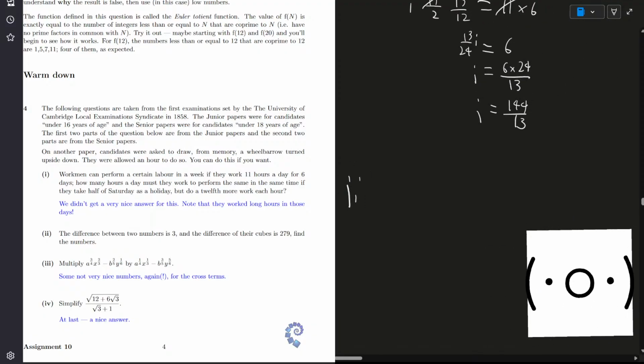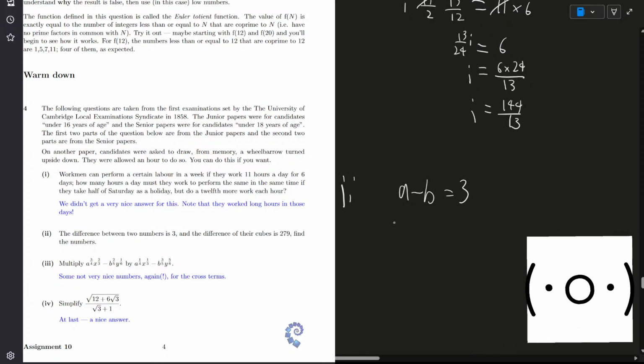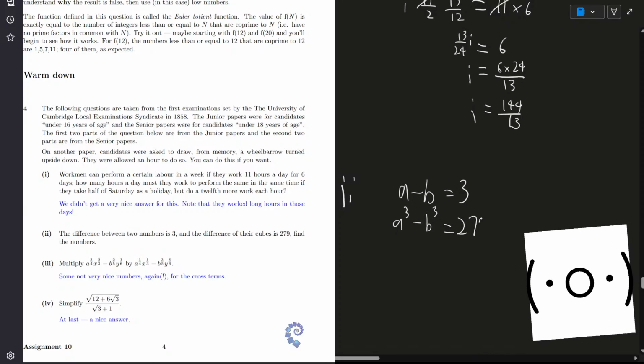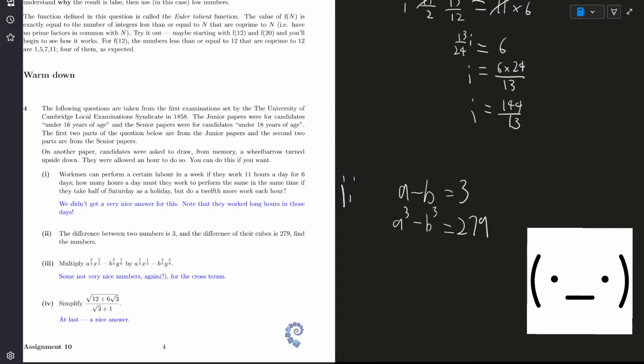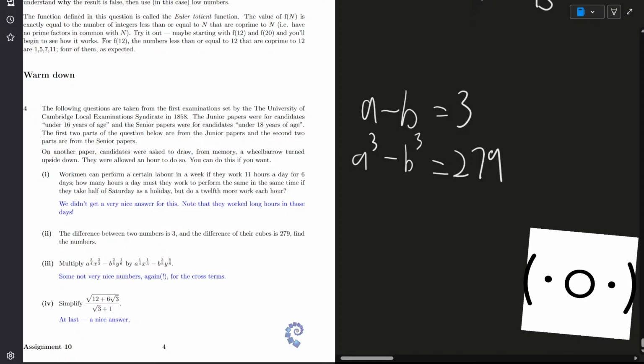The difference between two numbers is 3. A minus B equals 3. The difference of the cubes is 200 and some massive number. Find the numbers, please. Okay, this promises to be annoying.